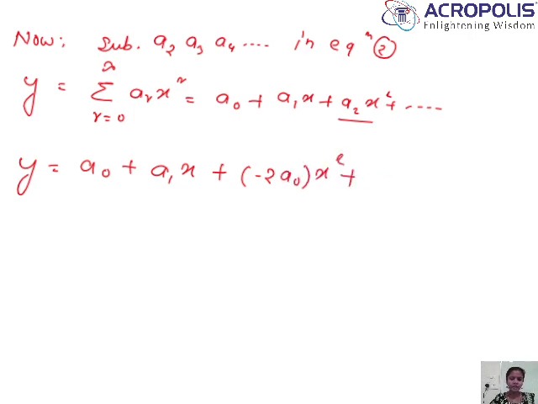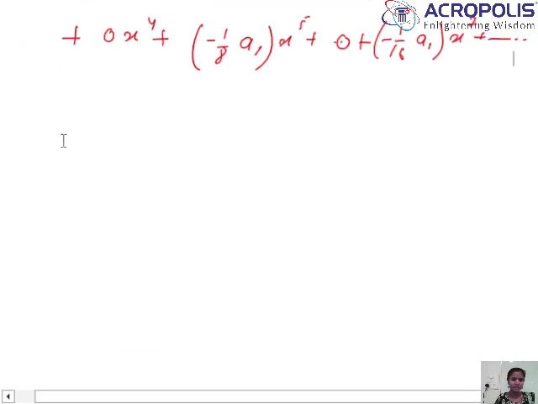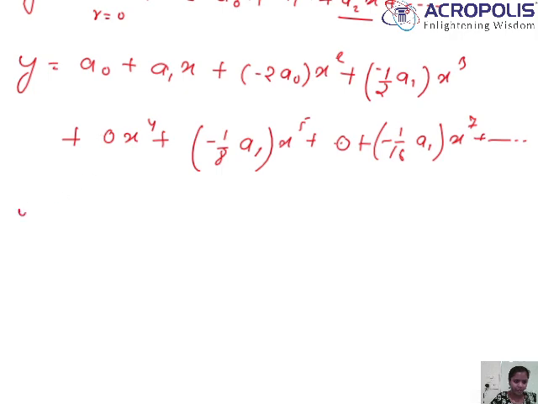Now a3 is minus 1 by 2 a1, so minus 1 by 2 a1 x cube, plus a4 is 0 times x to the power 4. a5 is minus 1 by 8 a1 x to the power 5, then 0, plus minus 1 by 16 a1 x to the power 7 and so on.